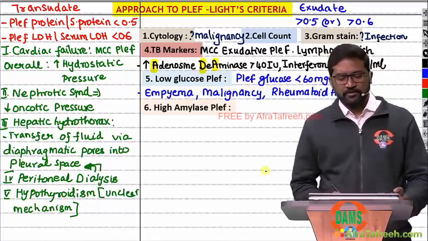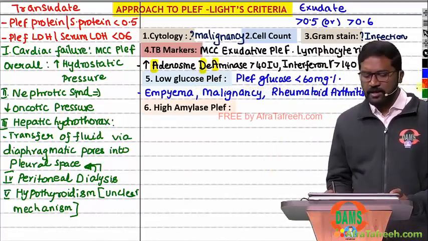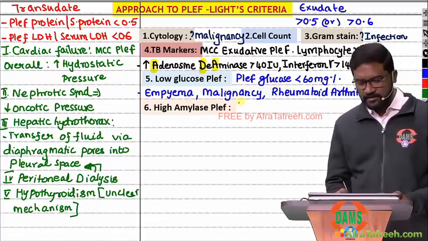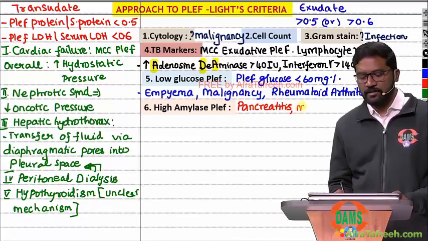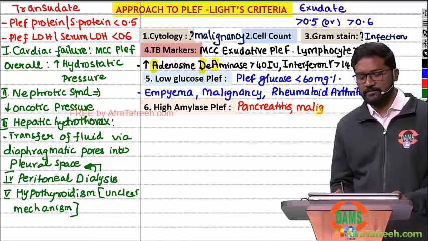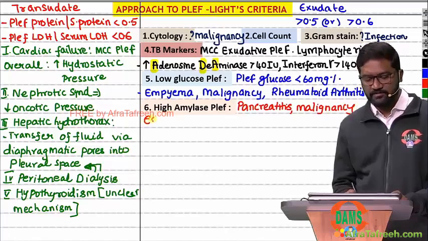Then you should also have an idea regarding high amylase pleural effusion. This is commonly seen in pancreatitis, in a few malignancies, and also esophageal rupture.